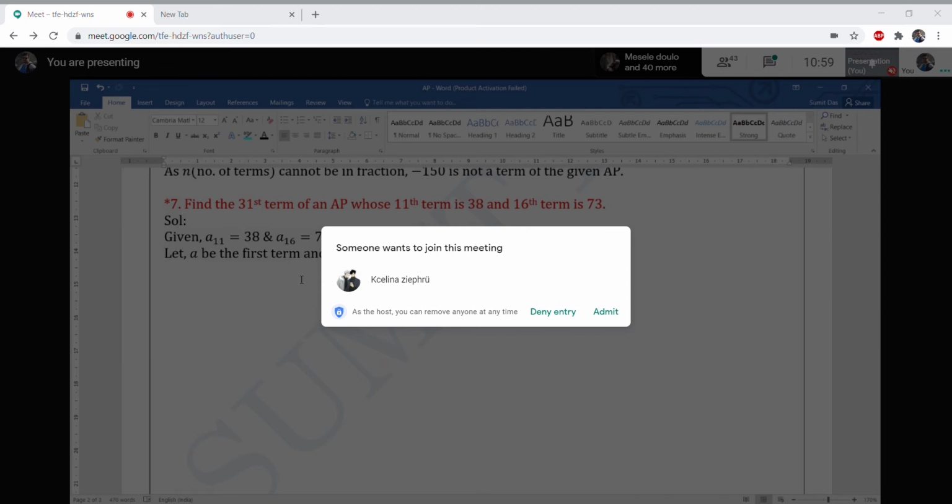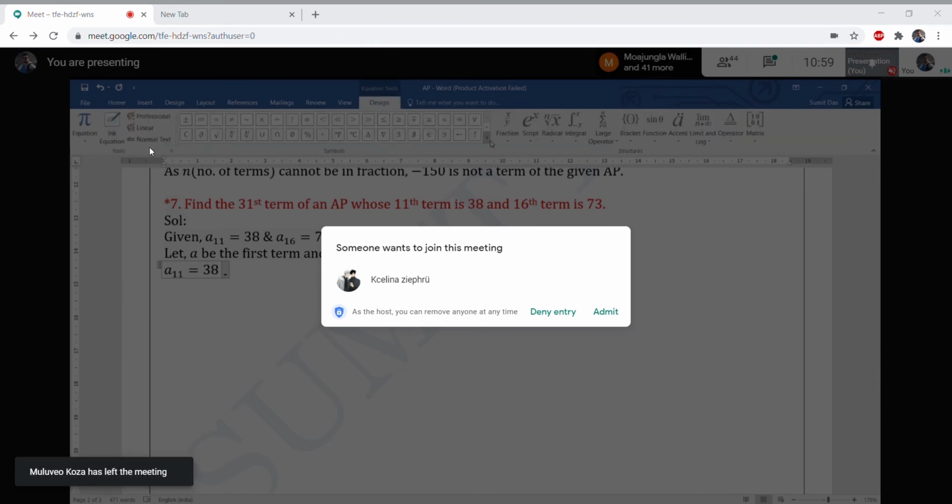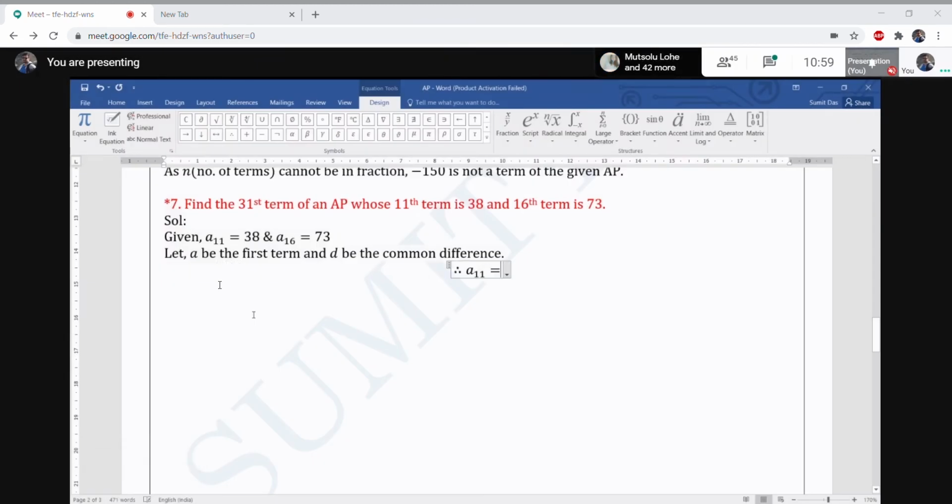Okay, so therefore a11 equal to, what will be the a11? a11 equals a plus 10d.